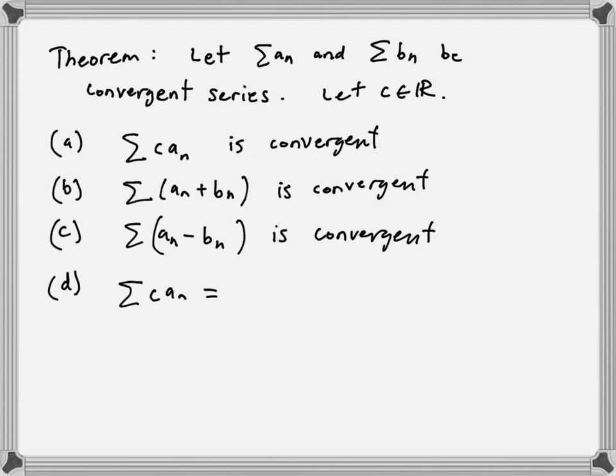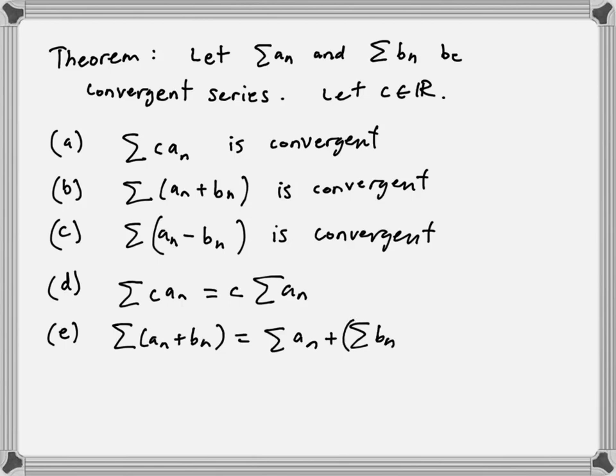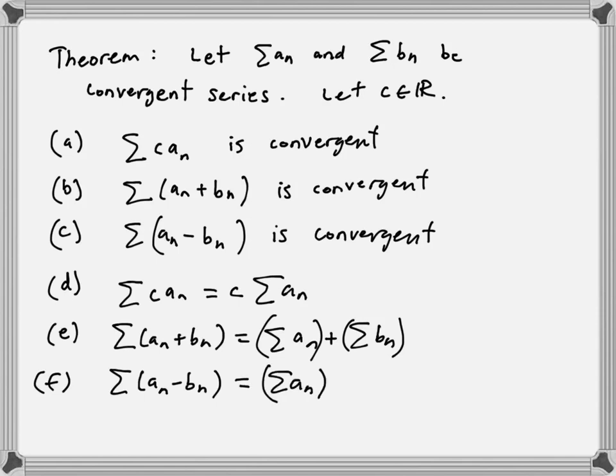The sum of c times an is actually going to equal c times whatever that series converges to. The sum of an plus bn is going to equal the sum of the two series. And this is going to equal the difference.